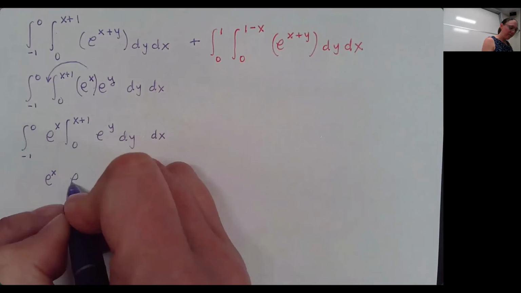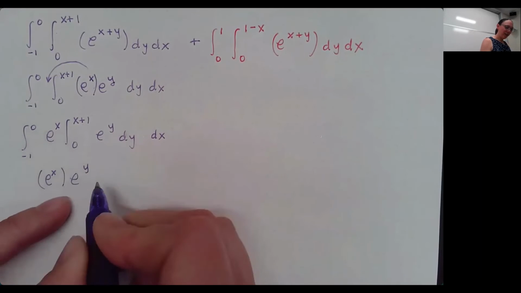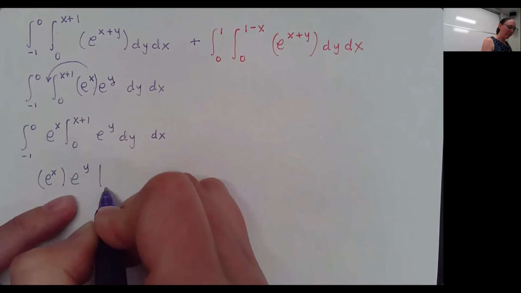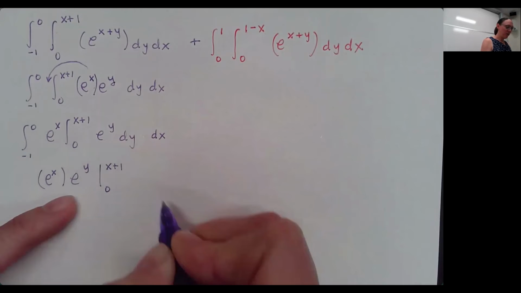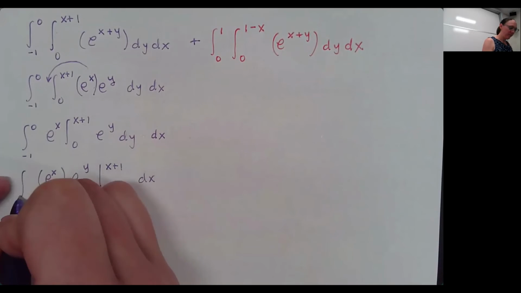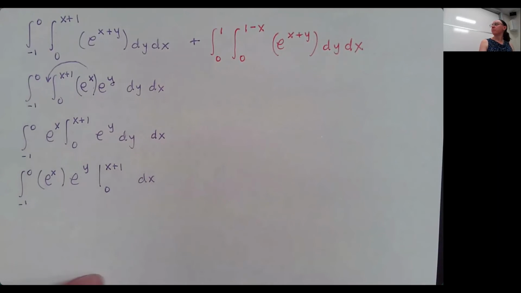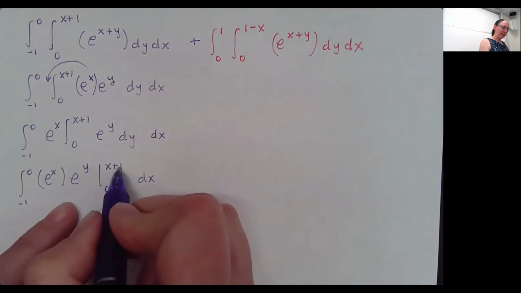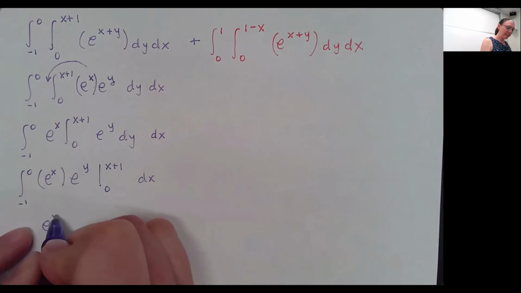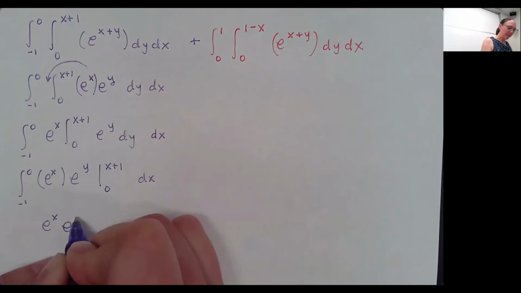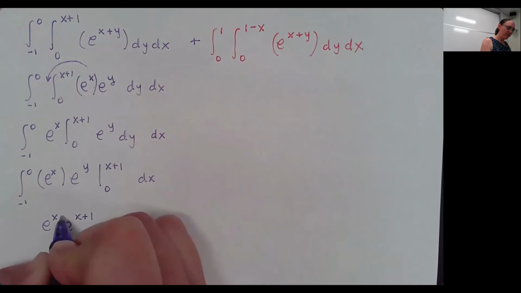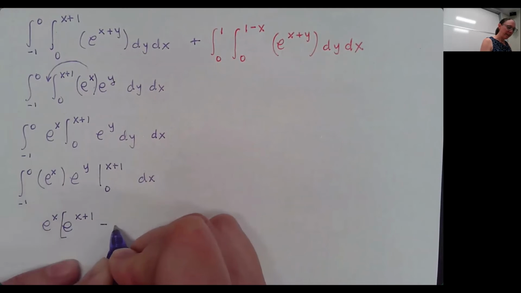So I'm going to have that e to the x sitting out in front times e to the y going from 0 to x plus 1. When I plug in x plus 1, I'll have e to the x times e to the x plus 1 minus e to the 0.